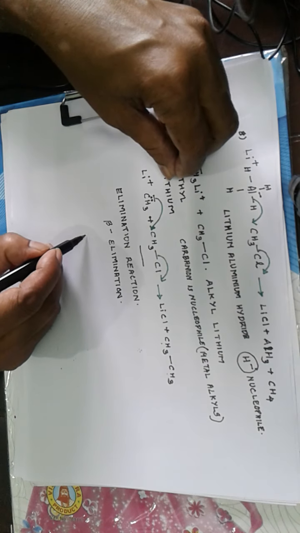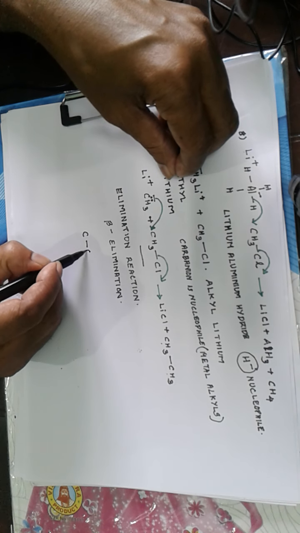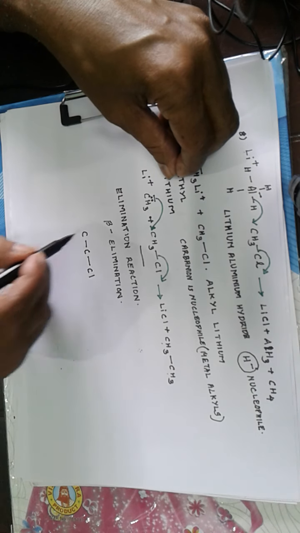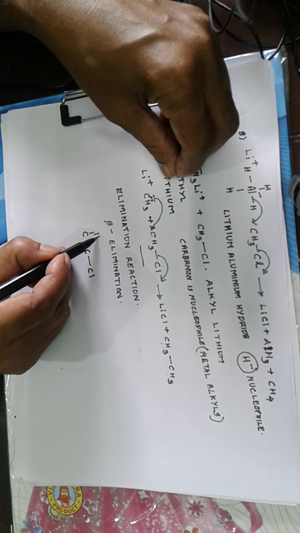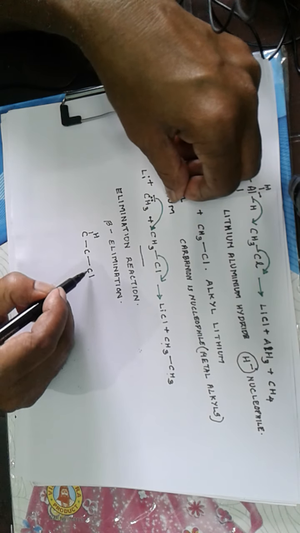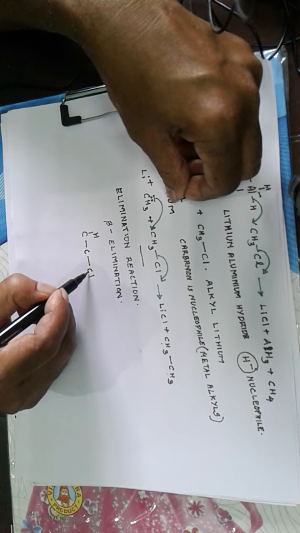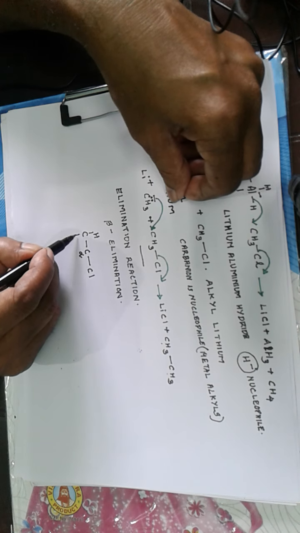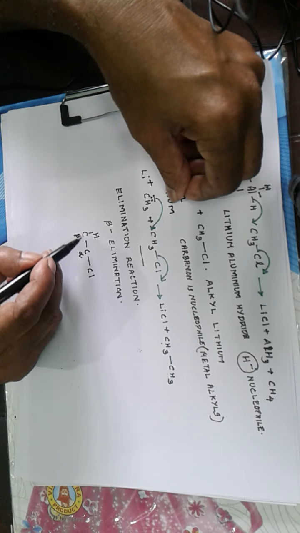Now consider a carbon structure like this. Suppose there is a hydrogen atom here. The carbon to which the functional group is directly bonded is called the alpha carbon, and the other carbon is called the beta carbon.